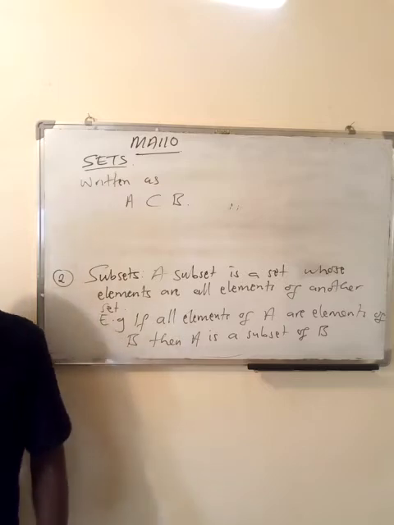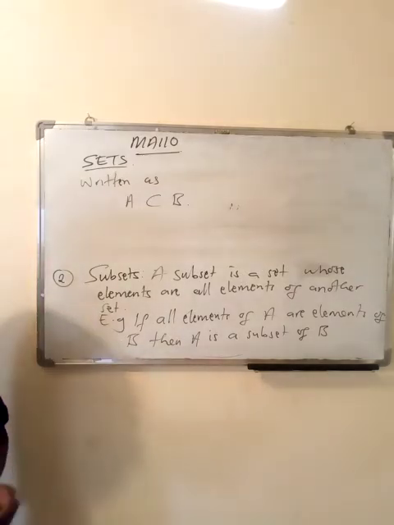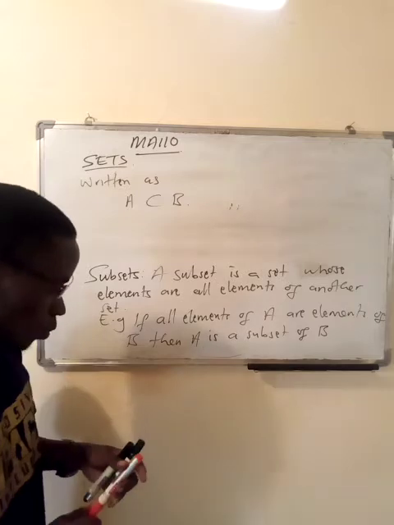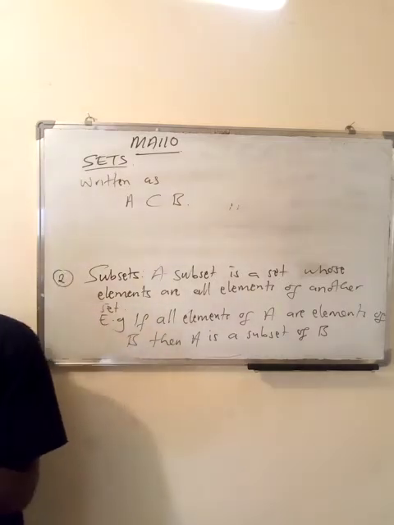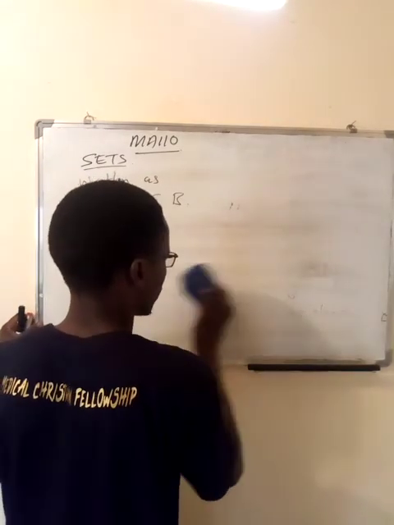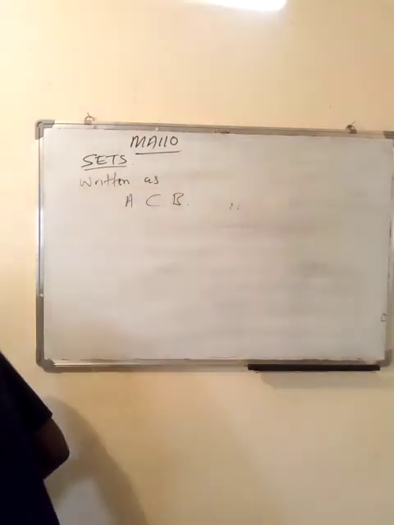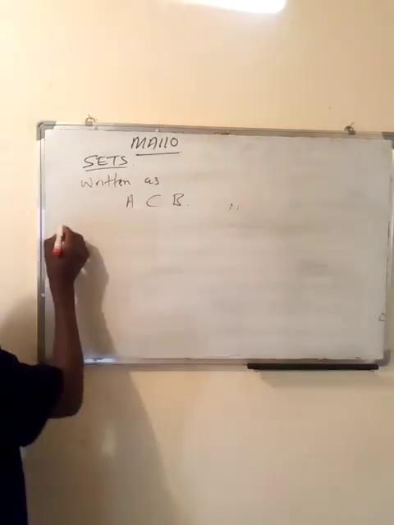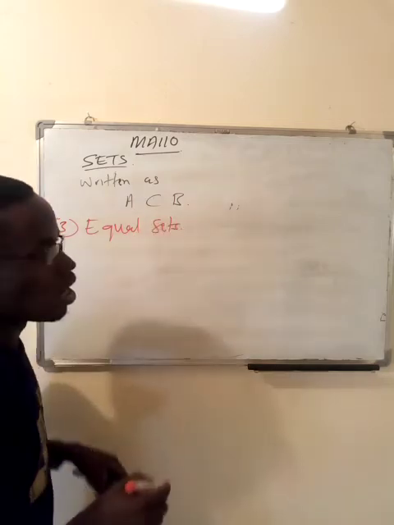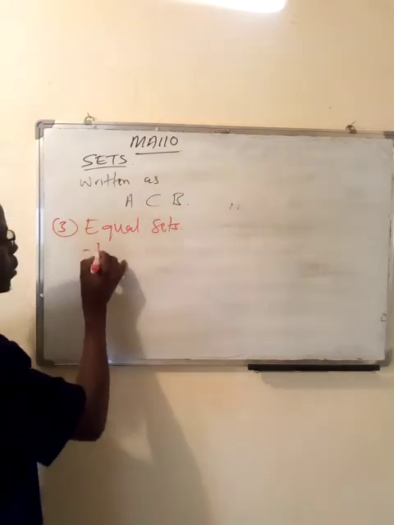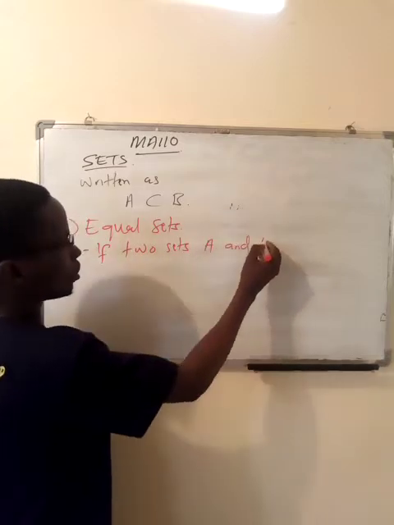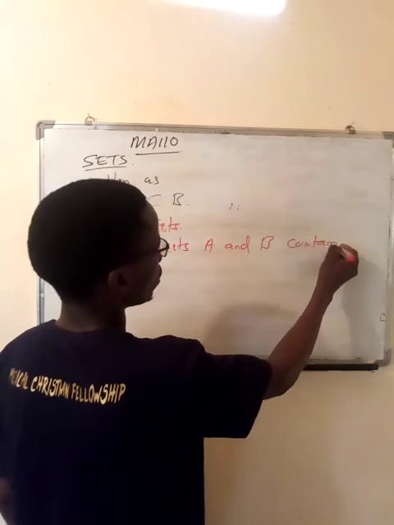That is, A is equal to B. The other way of saying that statement is that A is equal to B if and only if A is a subset of B and B is a subset of A. In other words, two sets are equal if they are subsets of each other.